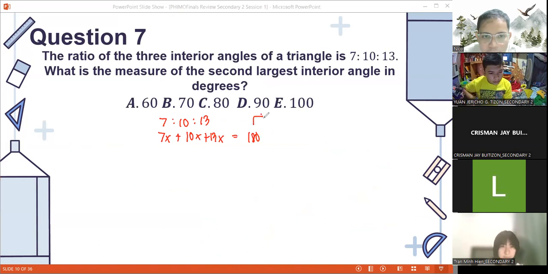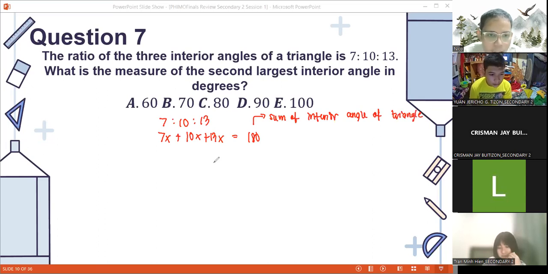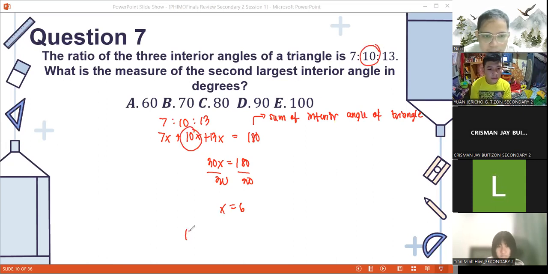This one is the sum of interior angles of a triangle. So you have here 20, 30, so 30x is equal to 180. Divide by 30, x is equal to 6. You need to solve for the second largest, so the 10x. So the 10x is equal to 10 times 6.